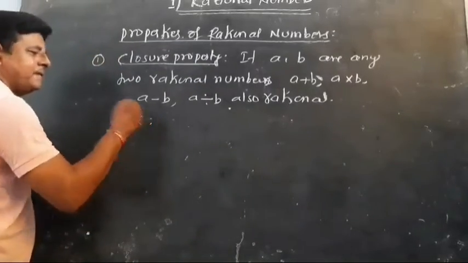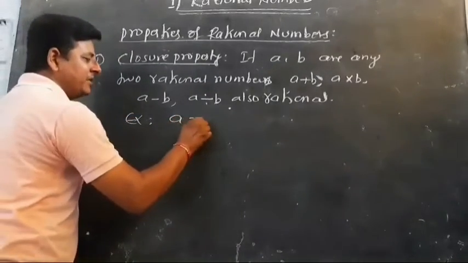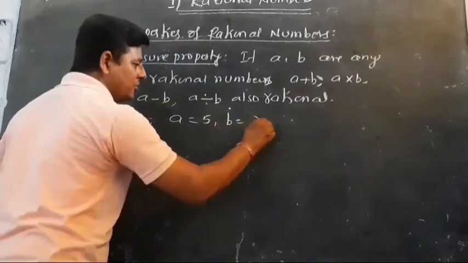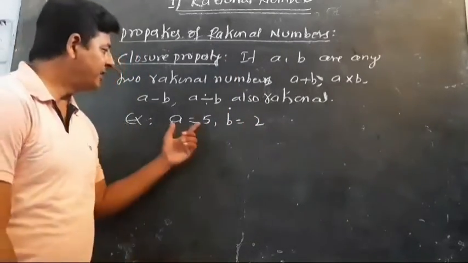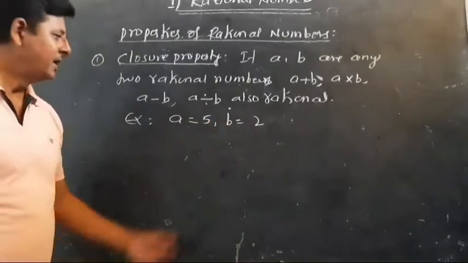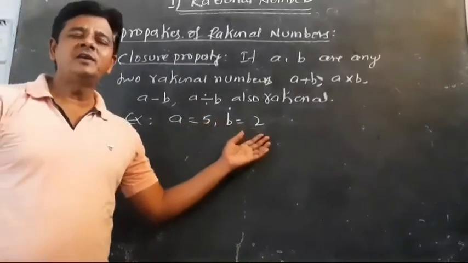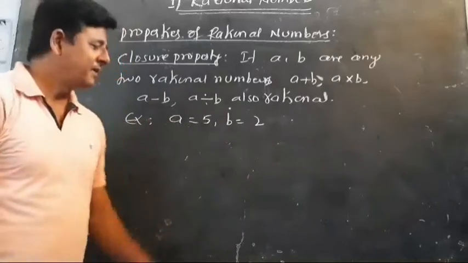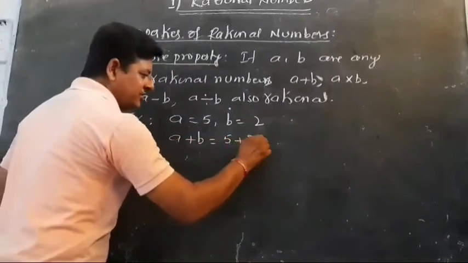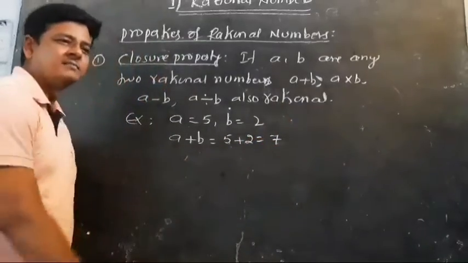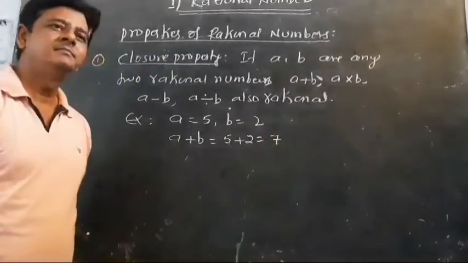See here. For example, a is equal to 5 and b is equal to 2, we are taking. Observe here, 5 is a rational number, 2 is also a rational number. First one, a plus b. 5 plus 2 is equal to 7. Is it rational or not? Yes, it is a rational number.